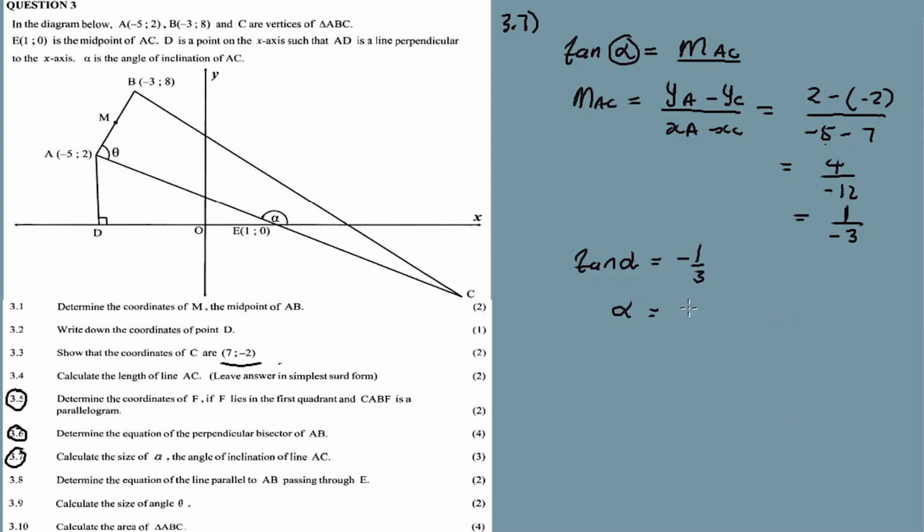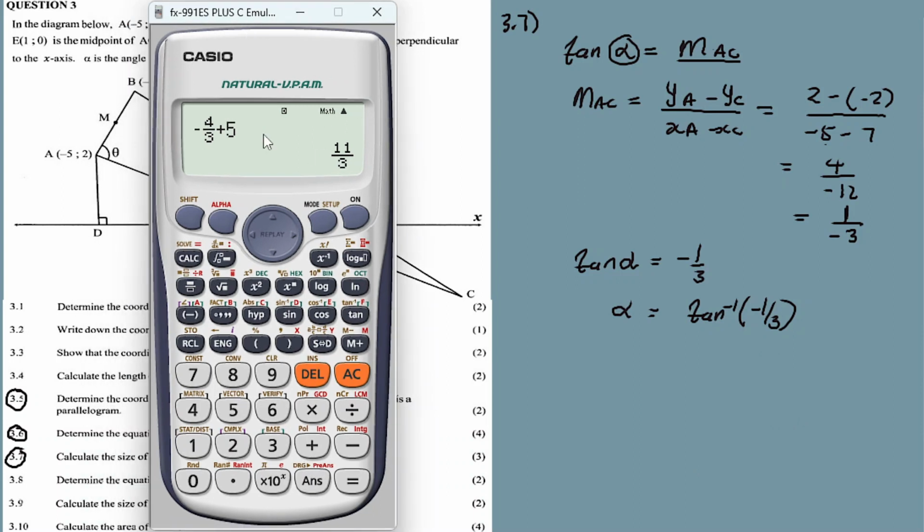Then we take the inverse function, arctan of negative 1 over 3. So we will shift tan of negative 1 over 3.